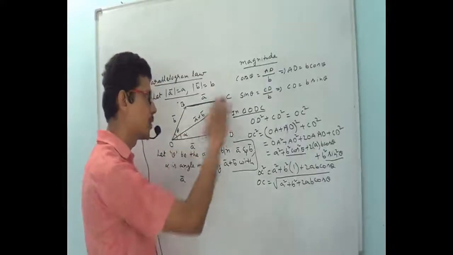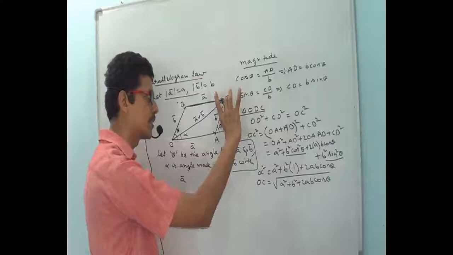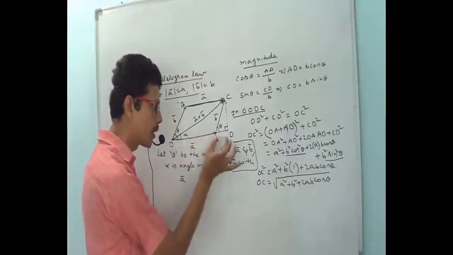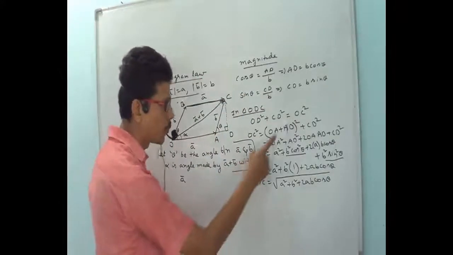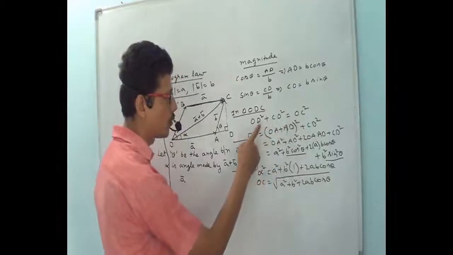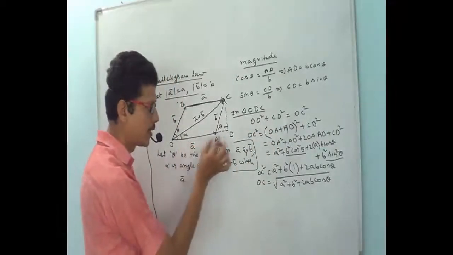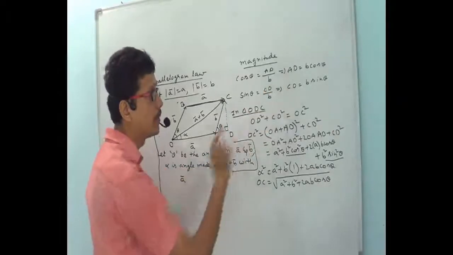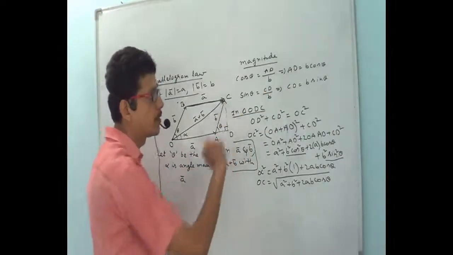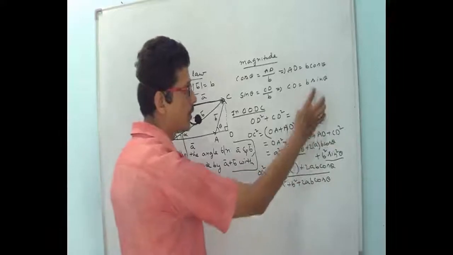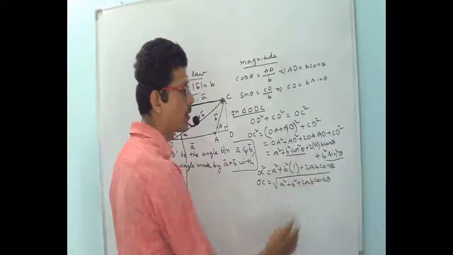Then OC square is OD square plus CD square. OD is nothing but OA plus AD, so OA plus AD whole square. OA means A, AD means B cos theta. And CD square is B square sin square theta.